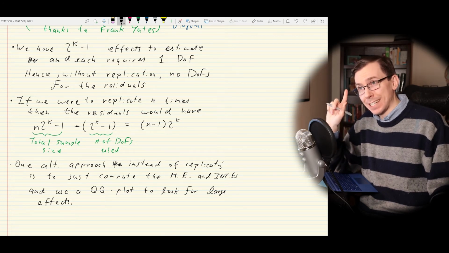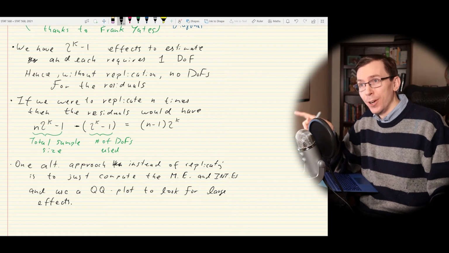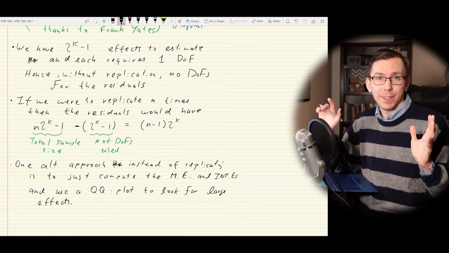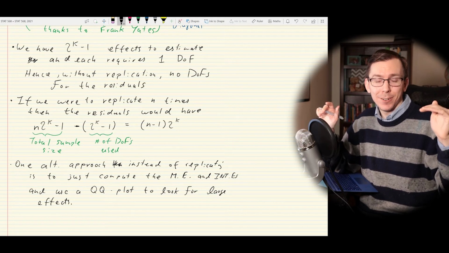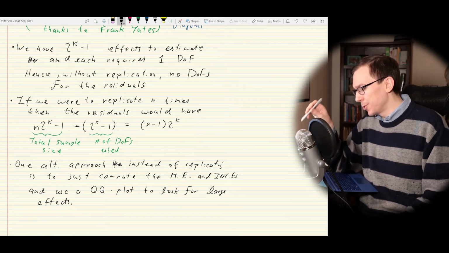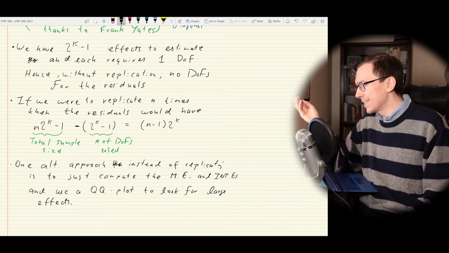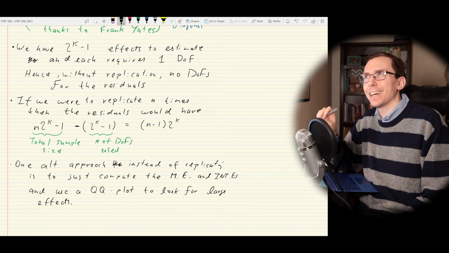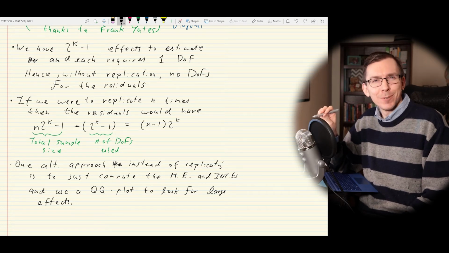So you can look at the sum of squares in the ANOVA table, or you can use the linear model. You can look at the main and interaction effects. And the main and interaction effects would be put into a QQ plot. And you can basically just say, okay, do any of them look peculiarly large? That's a hard word to say.